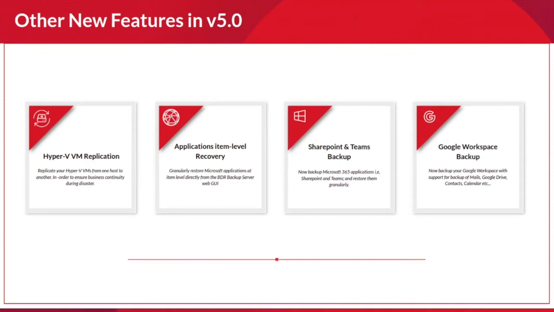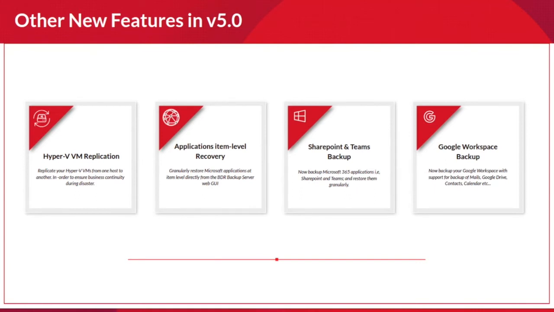Next we have application item level recovery. Previously, you needed to use a tool called Vembu User Explorer. This is a separate tool that you have to install on your backup server machine or any other machine, and use it to perform the granular recovery. Now you don't need the tool anymore from 5.0. We have integrated all the application item level recovery in the recovery option itself.